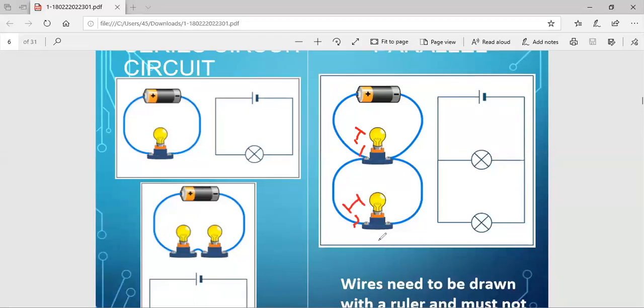So I1 is not equal to I2, and both of them are not equal to I total, because the current itself is going to be divided into two paths or two routes, and the electric current is going to be halved or maybe divided.